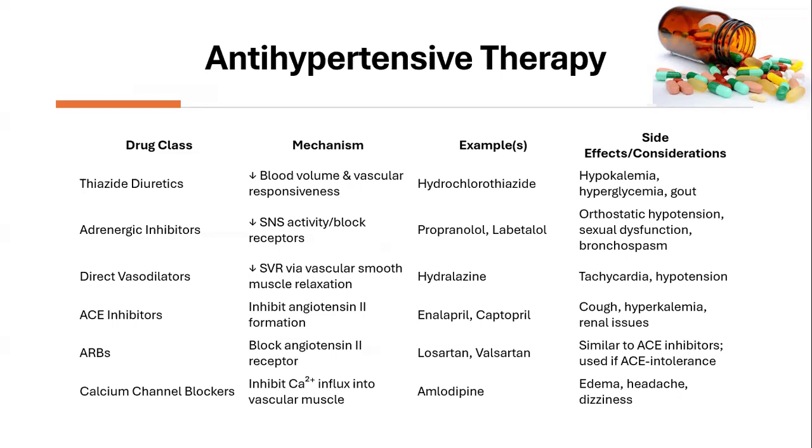The first class is thiazide diuretics. The mechanism of action is lowering the blood volume and also vascular responsiveness. The example is hydrochlorothiazide, with the side effects being hypokalemia, hyperglycemia, and also gout.